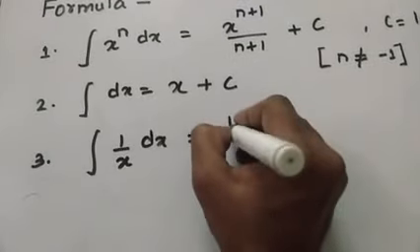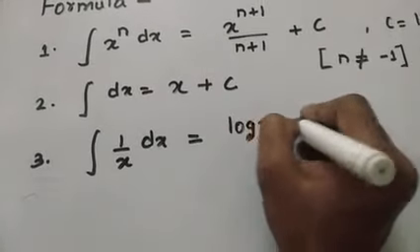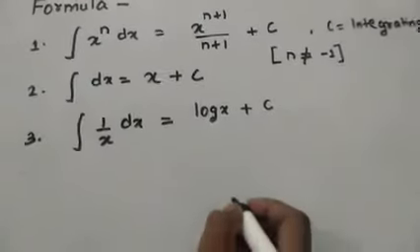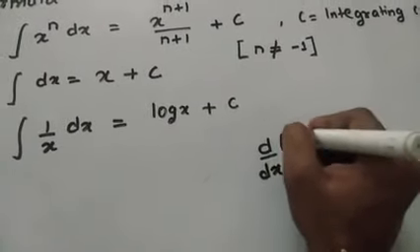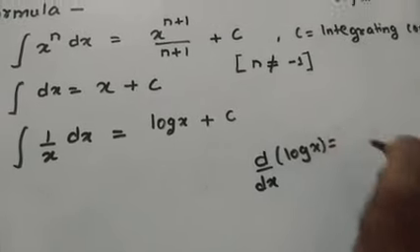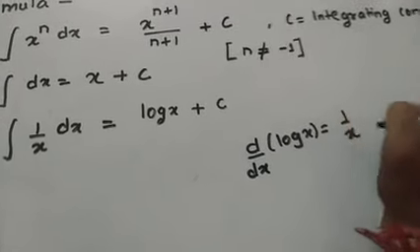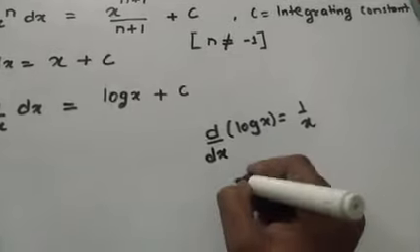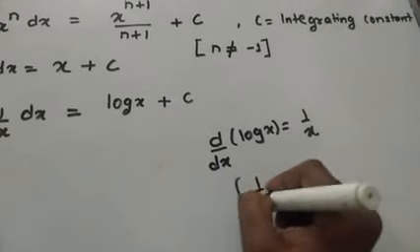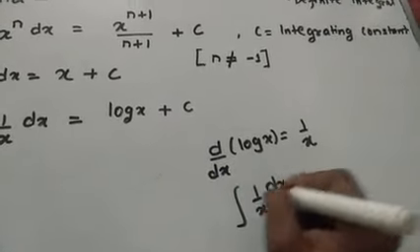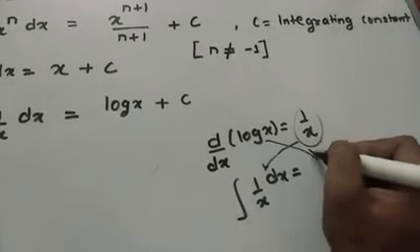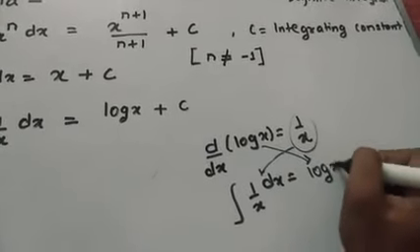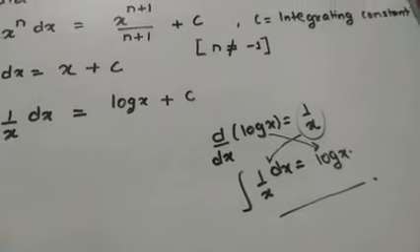The formula is log x plus c. What is d/dx of log x? We all know it is 1 by x, and as integration is an inverse process, whatever is here becomes here. Clear?